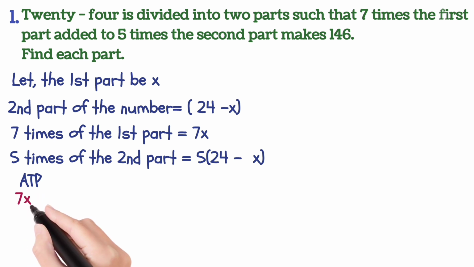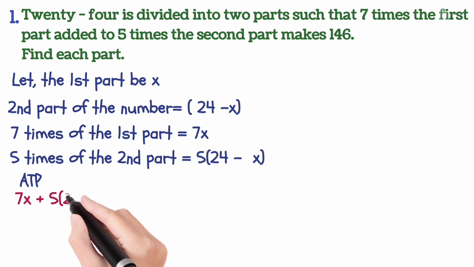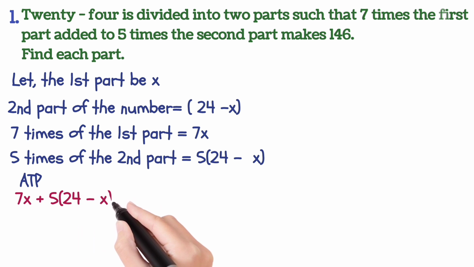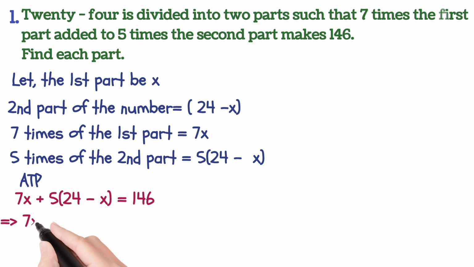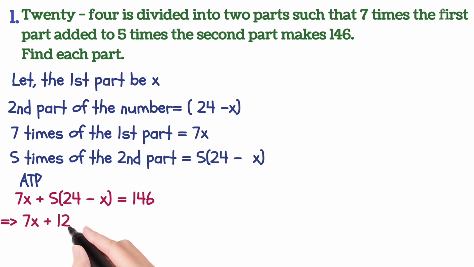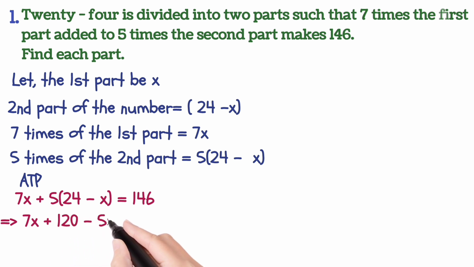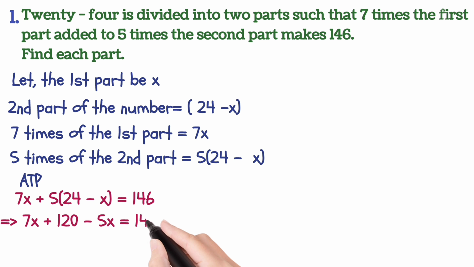What we will add? 7x plus 5 into (24 minus x), first part and second part, that will be 146. Okay. Now simply you will solve this equation. 7x plus 5 into 24, that is 120, minus 5x equals 146.